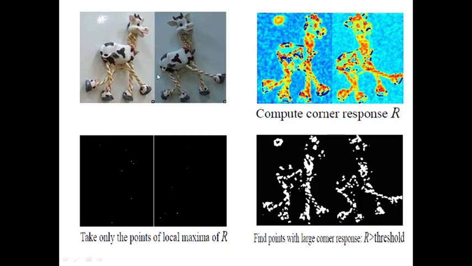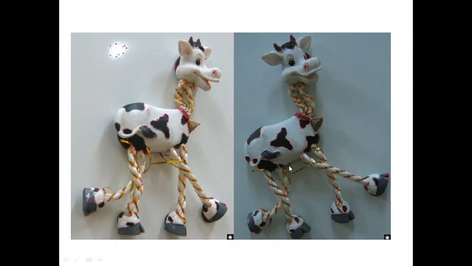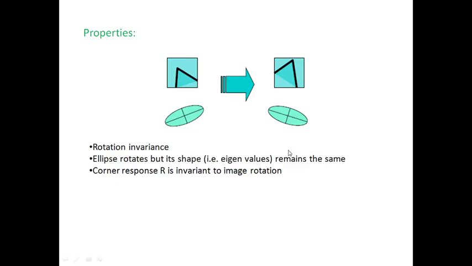Okay, so this is the given input image. I need to find out the corners. So compute the corner response and find points with larger corner response, because I need to find the corners, right? It should be greater than some threshold, and after that I will be left with this result. I need to take only the points of local maxima of the corner response. Of course, these are the corner points finally. And what are the properties of this corner response?